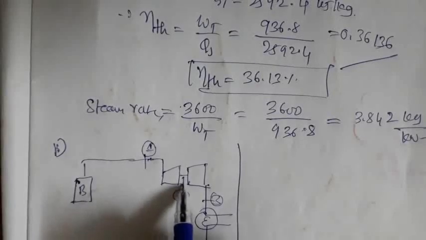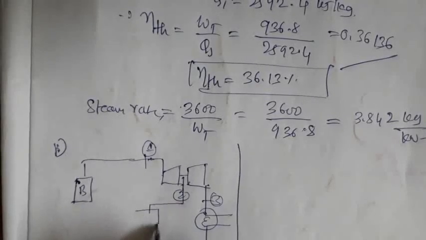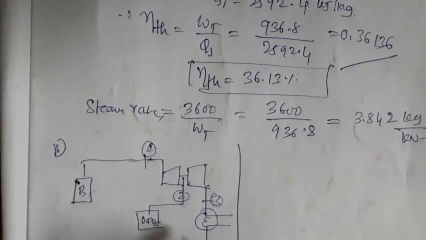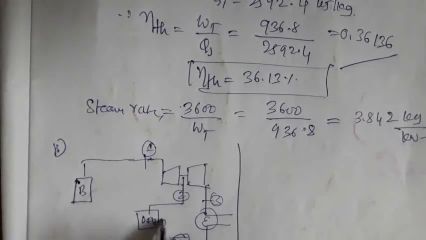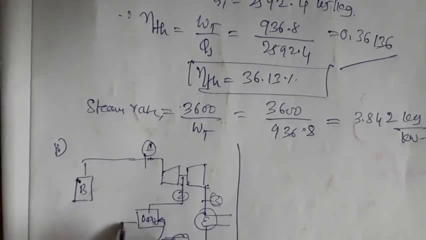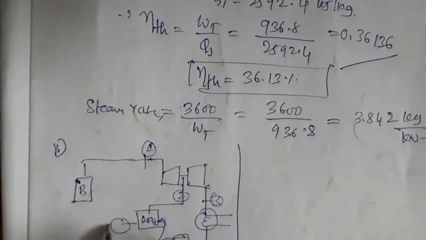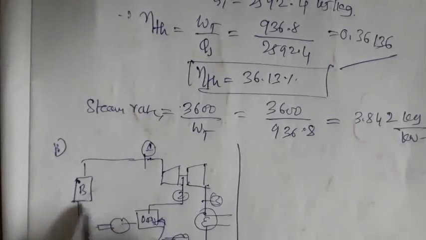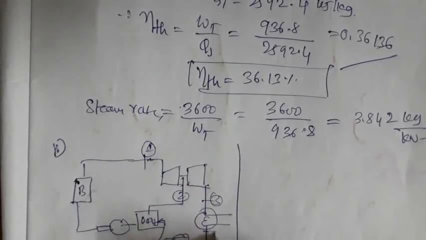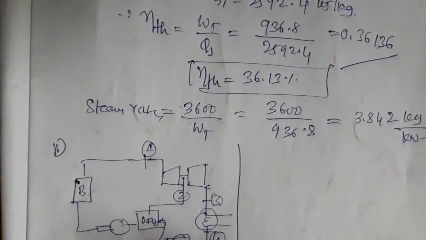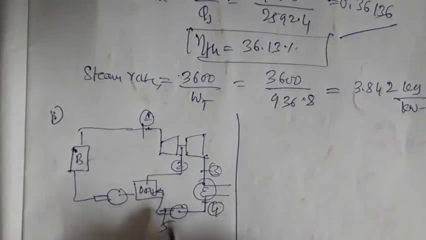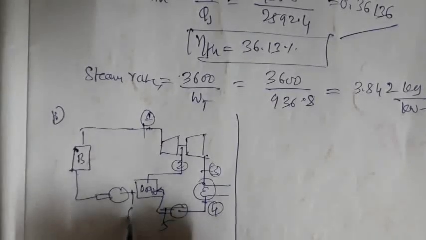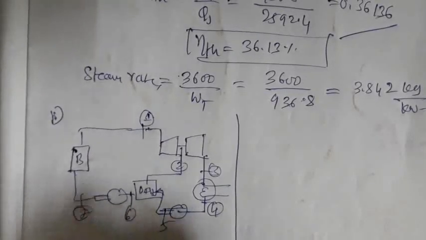After this we have the bleeding. OFH is the open feed water heater. We have a pump, which pumps into this. The outlet of this enters a pump. This is 4, here I have 5, then I have the 6th state, this is the 7th state.